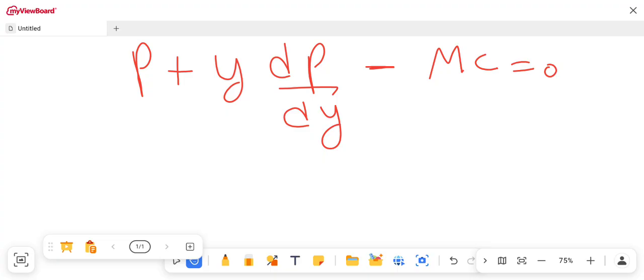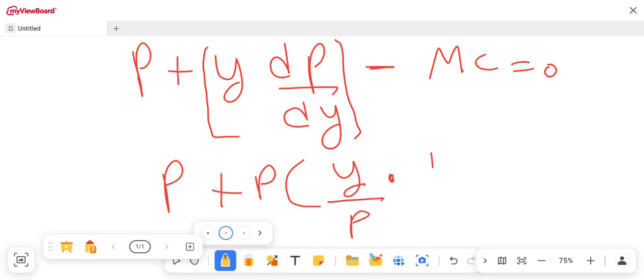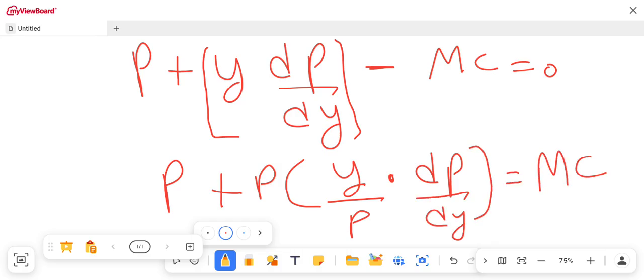So what we can do here is write P plus, and now we divide and multiply this whole equation by P. We multiply by P and divide by P. When we divide by P, we divide it inside dP by dy, and when we take marginal cost to the right hand side, it becomes positive.